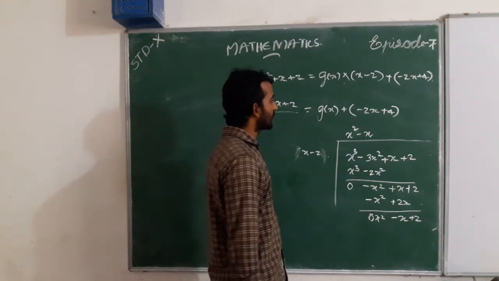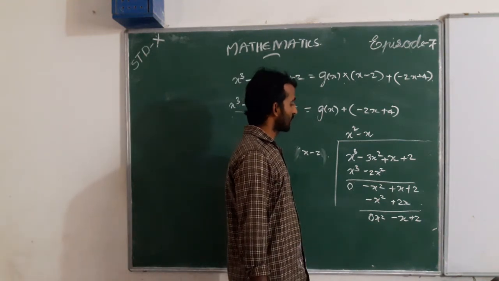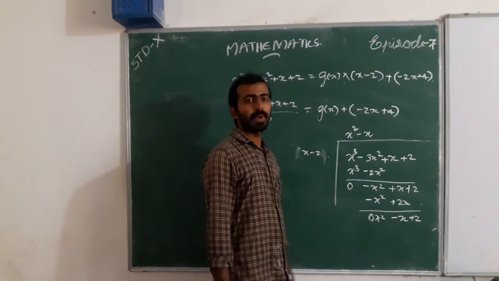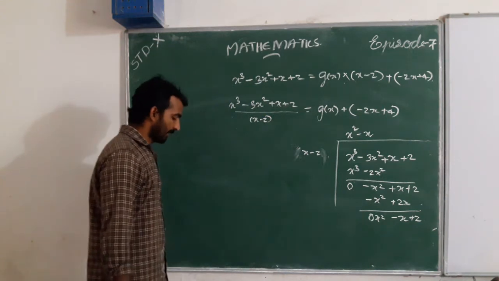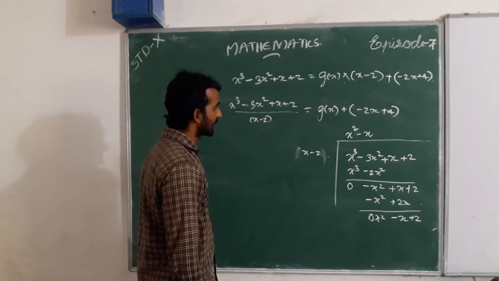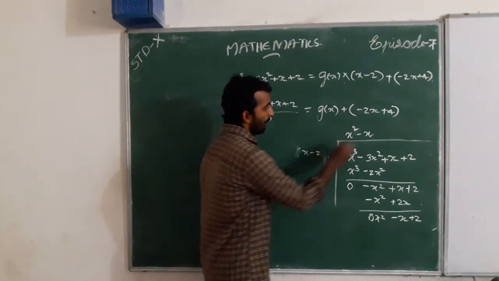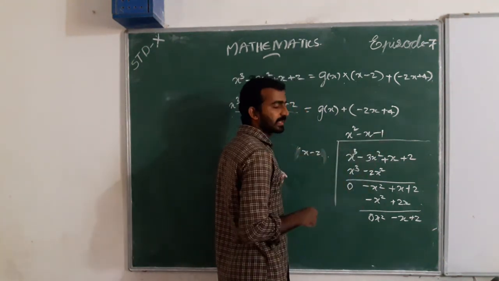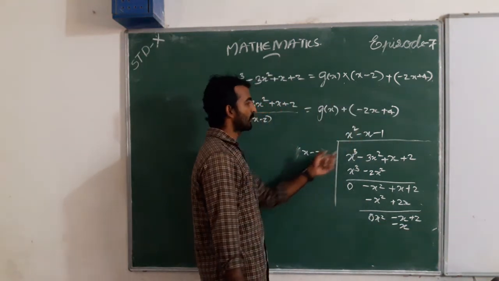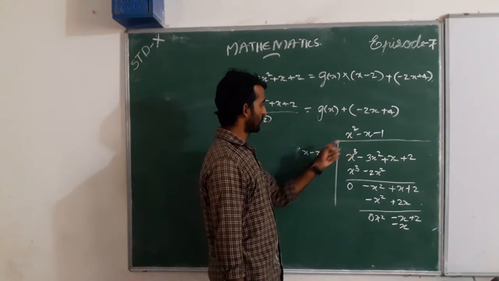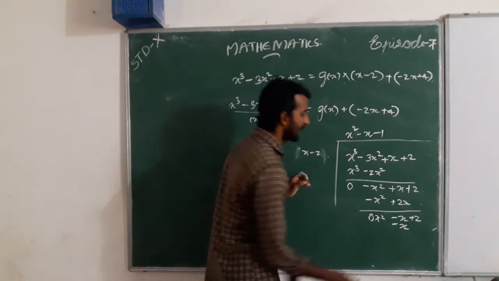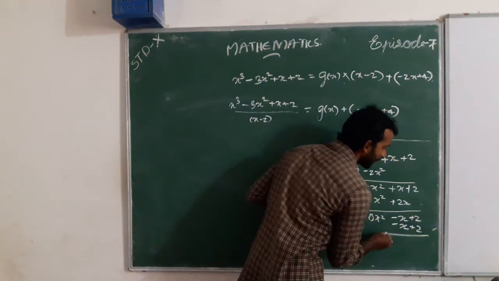And when we get minus x, which way do we want to get minus x? Here the x is occupied, that is minus 1 into x we get minus x, and minus 1 into minus 2 we get plus 2.